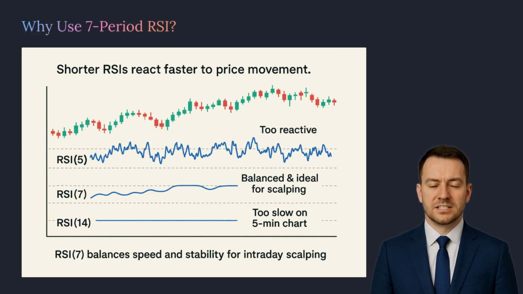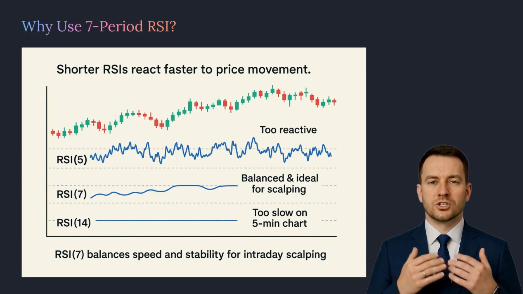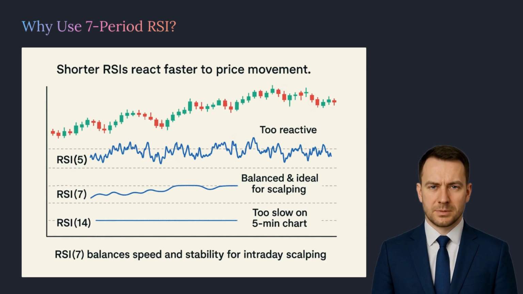In contrast, the 14-period RSI was designed more for 15-minute, 1-hour, or daily charts, where you want a slower oscillator. On a 5-minute chart, a 14 RSI might stay between 40 and 60 during a moderate pullback, never alerting you to an oversold condition. This could cause missed opportunities in a scalping context.